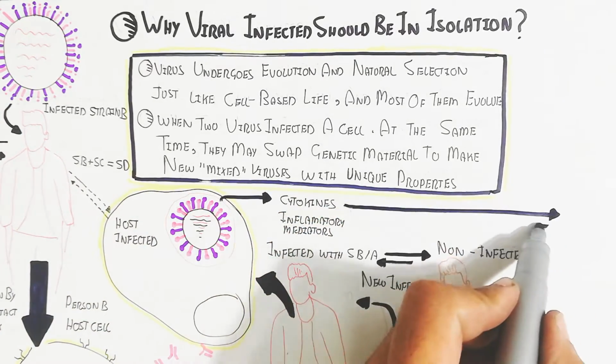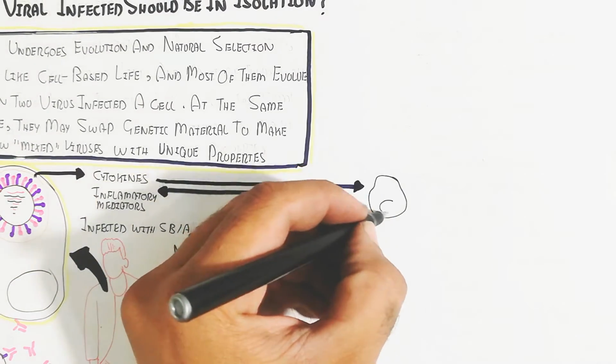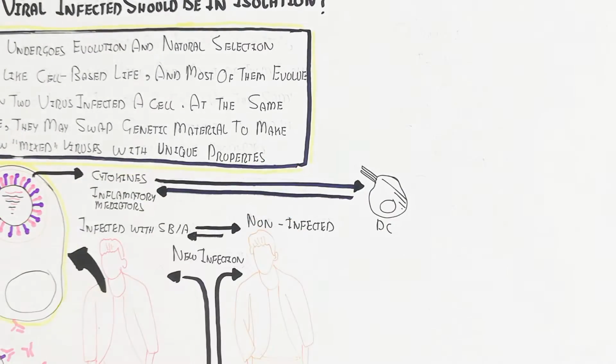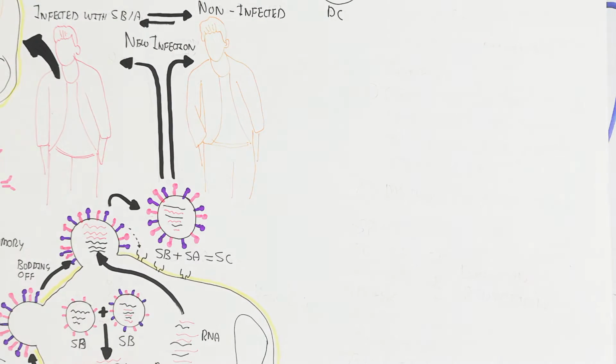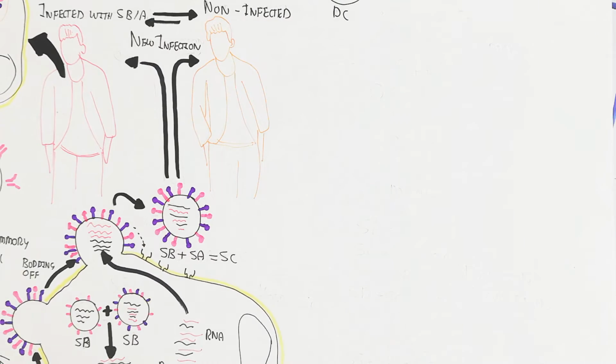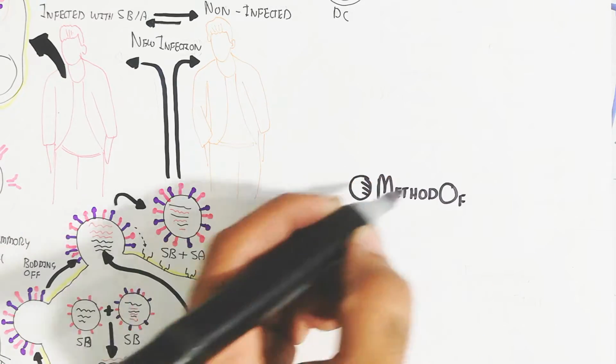So the cytokines and inflammatory mediators will be released again, leading to inflammation again. So the vaccine will not work due to the variant. That is why isolation is very important for enhancing the efficacy of the vaccine.